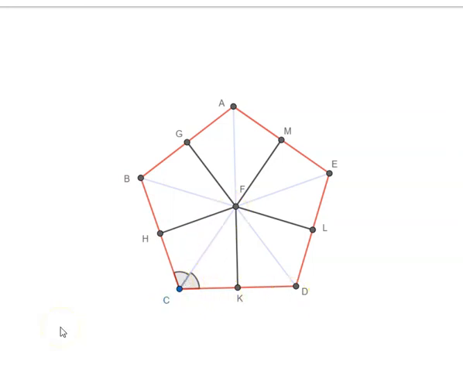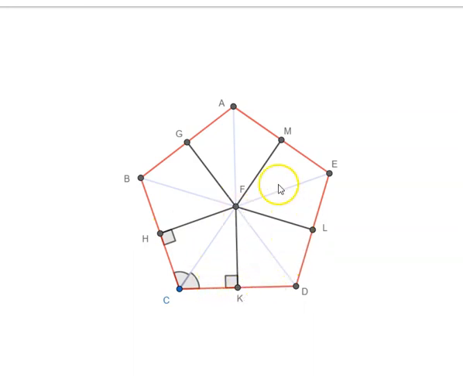Now CHF is equal to FKC. They are both right angles, and FC is common to both the triangles. That means by the angle angle side proposition, we can say that these two triangles are congruent. And since these two triangles are congruent, we can say that HF is equal to KF.